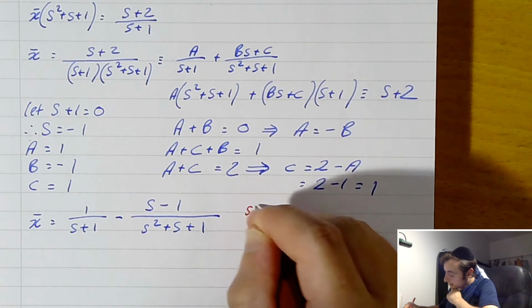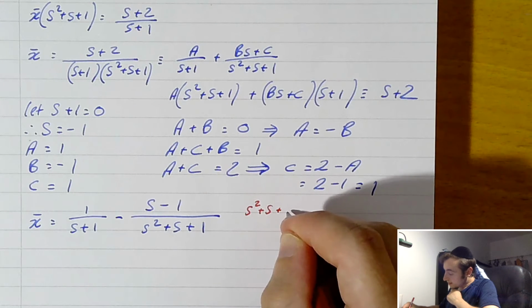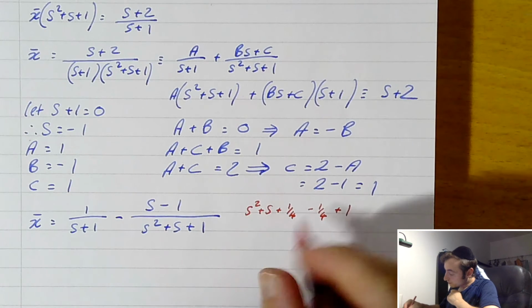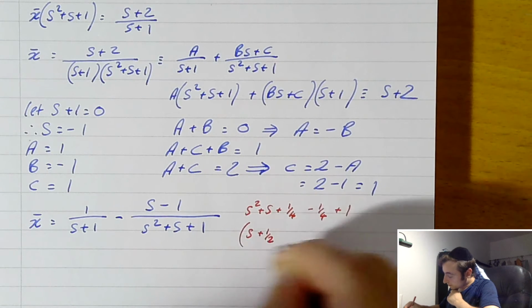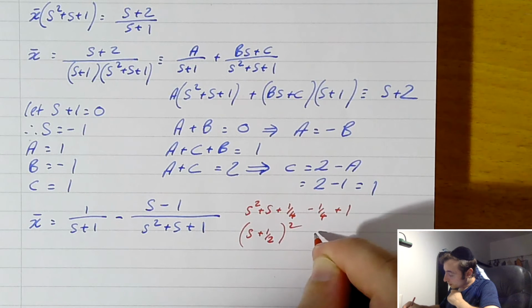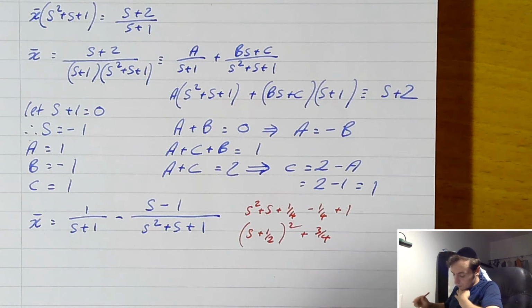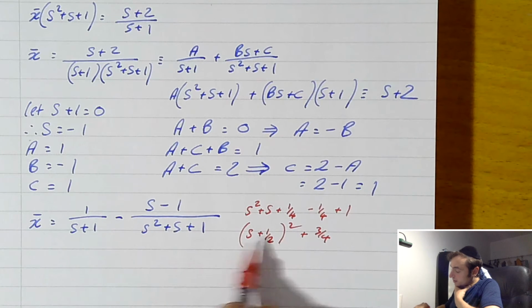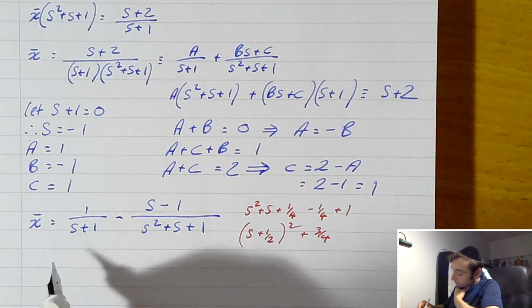So we can say that s squared plus s plus a quarter minus a quarter plus 1, and that will go to s plus a half squared plus 3 on 4. I believe that is correct. So we just completed the square of this, and we're going to bring that back in.